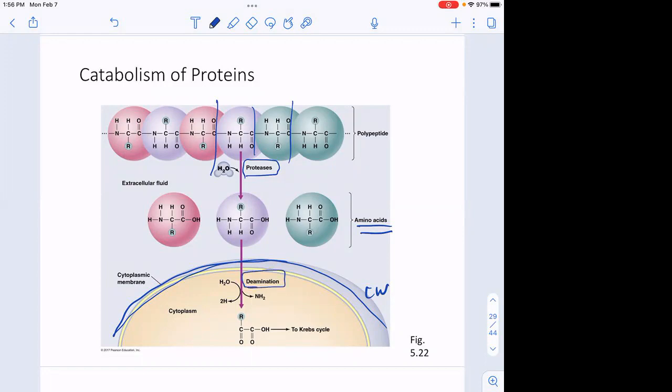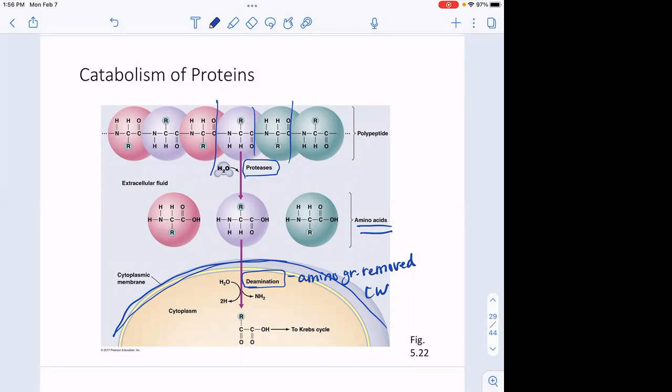We call that a deamination. So one of the enzymes that we're testing for in lab is phenylalanine deaminase. If the cell is going to be able to use phenylalanine as some kind of energy source, that's the first step, remove that amino group.